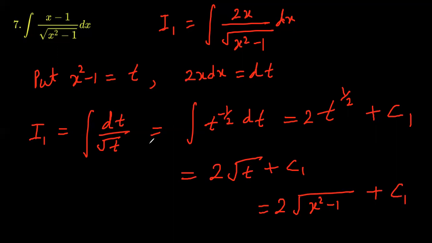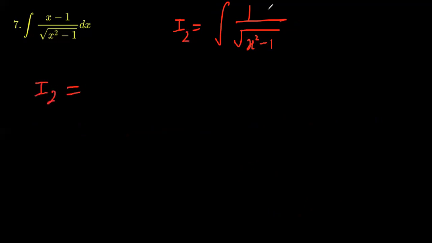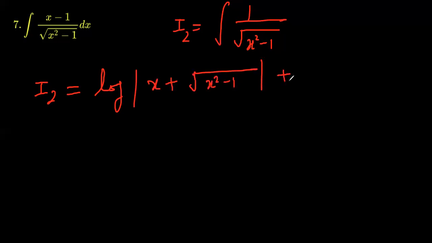For I2, it was simple. It was the integral of 1 over the square root of x squared minus 1. This is the formula for 1 over the square root of x squared minus a squared, which is equal to log of x plus the square root of x squared minus a squared, plus c.